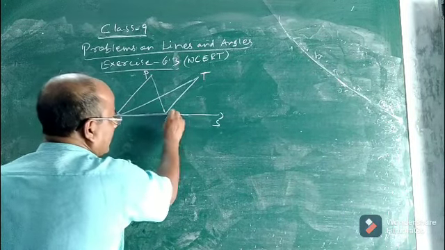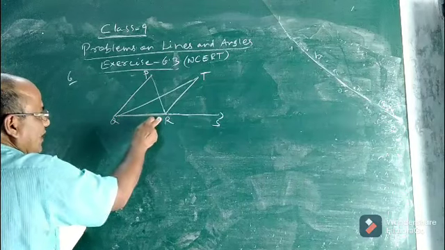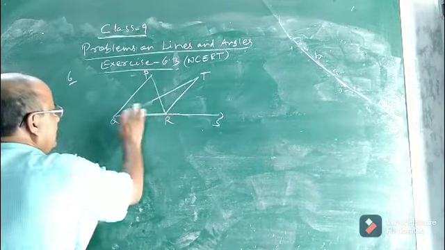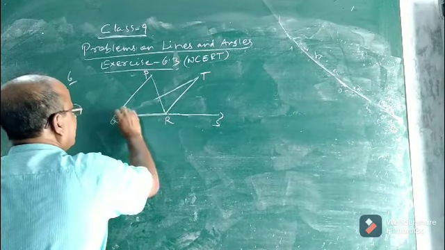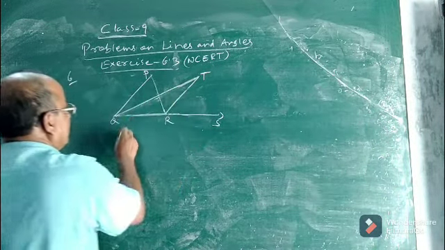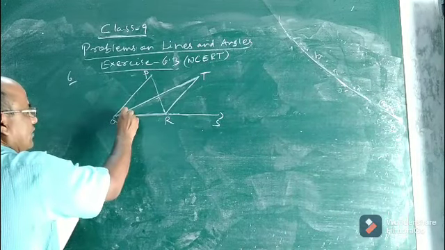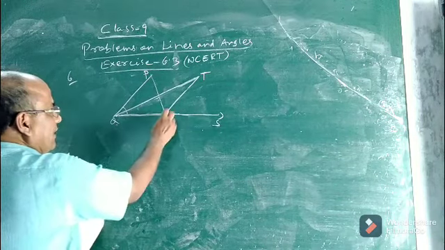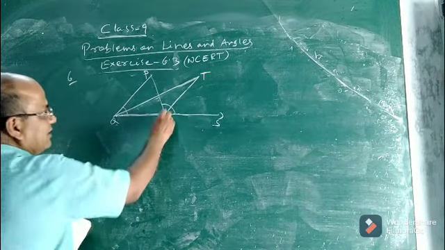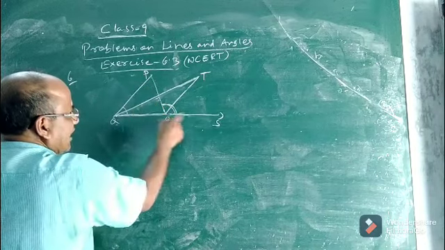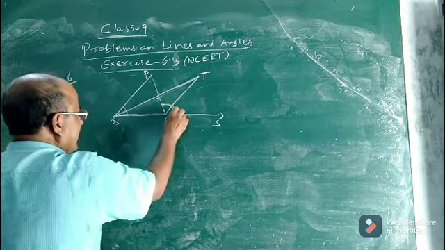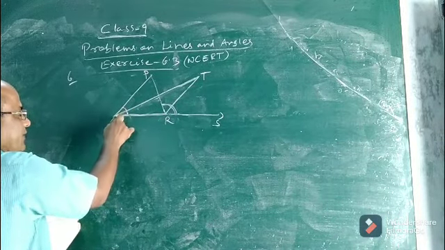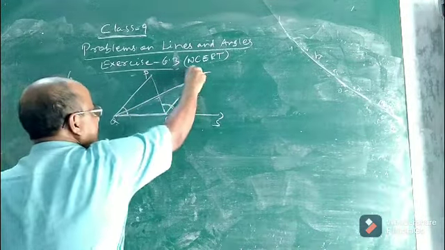The side QR is produced up to S. Now the bisector of angle Q, this angle, and the bisector of this exterior angle PRS, the bisector of this interior angle PQR and the bisector of PRS, they meet at T.